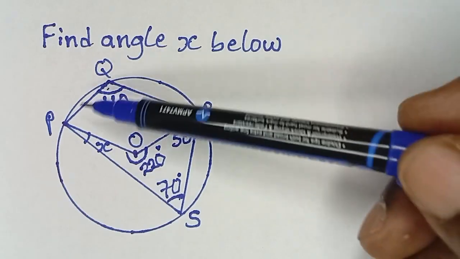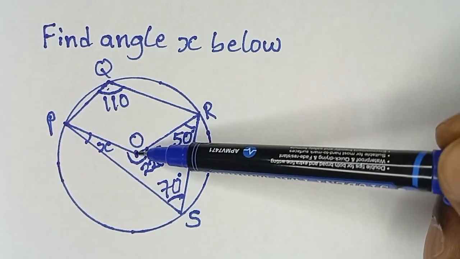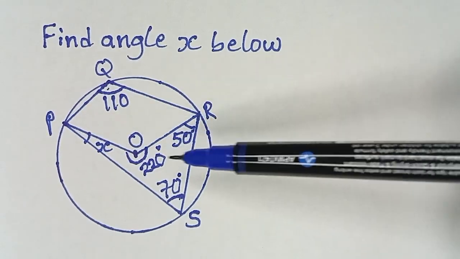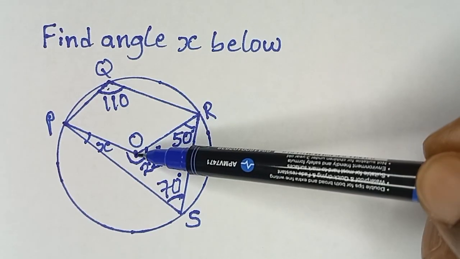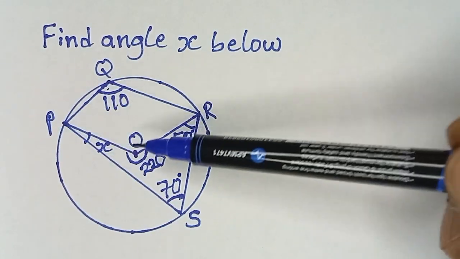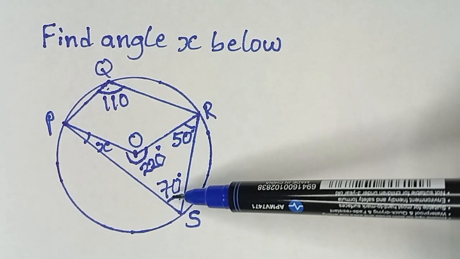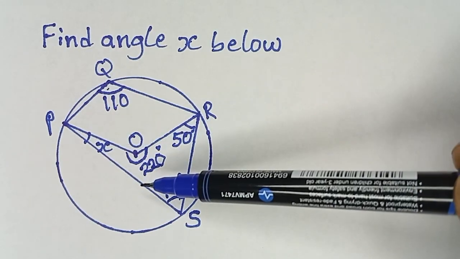Then let's look at this quadrilateral PSRO. If you look at it, there are 4 sides: 1, 2, 3, and 4, making it a quadrilateral. A 4-sided figure is a quadrilateral, and the sum of angles in a quadrilateral adds up to 360.